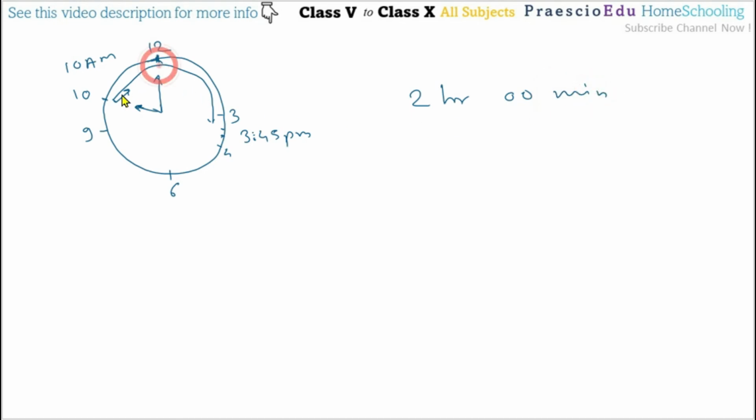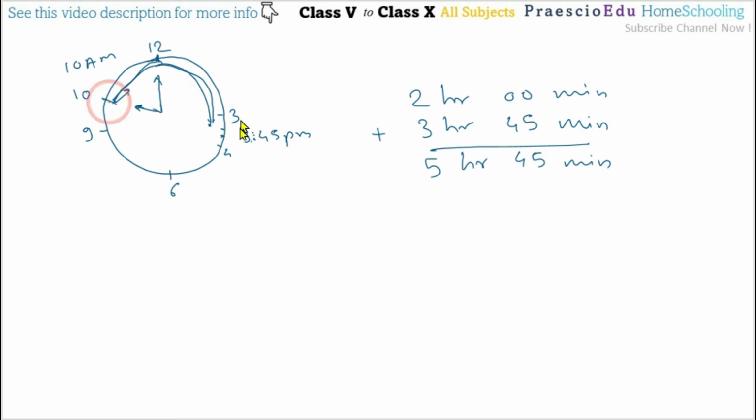Then we have to add because we are counting from starting to the finish, so we have to do the additions. So 3 hours and 45 minutes. So 0 plus 45 means 45 minutes, and then 2 plus 3 is 5 hours 45 minutes, because from starting to 12 and from 12 to 3:45, we are counting the durations, means from starting to the end.